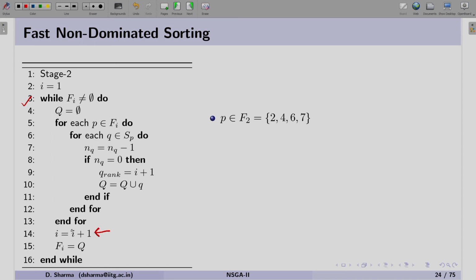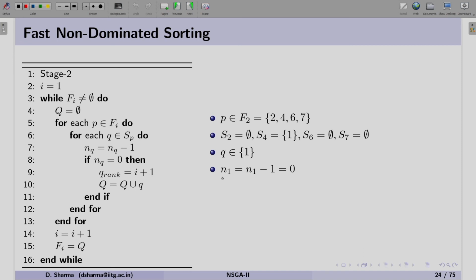Now, we are again going to step 3. As per our previous slide, we are going to increment I plus 1. So, this I will become 2. In this case, we are dealing with front 2. Just now we calculated front 2 and the front 2 members are 2, 4, 6 and 7. So, that belongs to step number 5. Thereafter, we will find what is S2, then S4, S6 and S7. Since this is an empty set, 6, 7, 2, 6 and 7, Q will belong to just one solution.